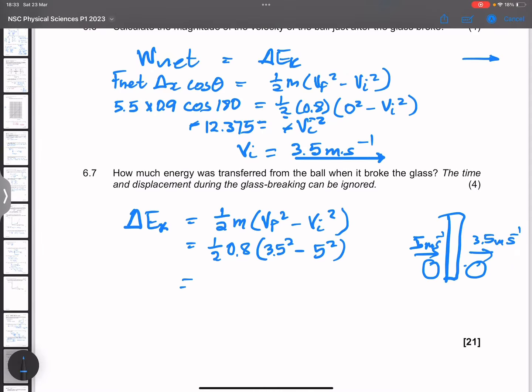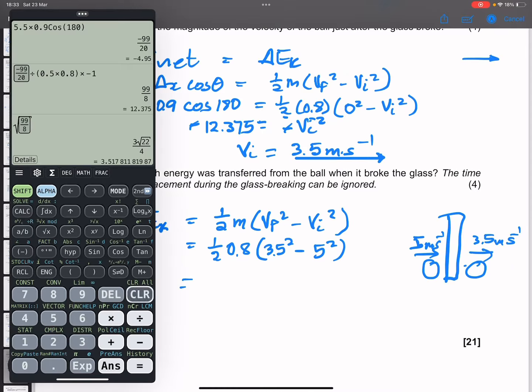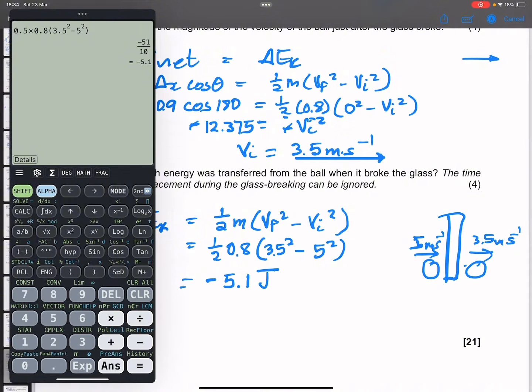And in this case, how much energy did it lose? So that's 0.5 times 0.8 into 3.5 squared minus 5 squared. Okay, and we get a change in kinetic energy of negative 5.1 joules.